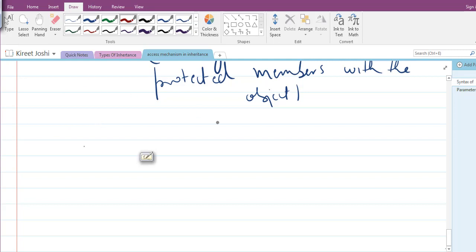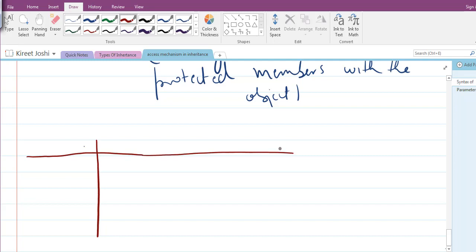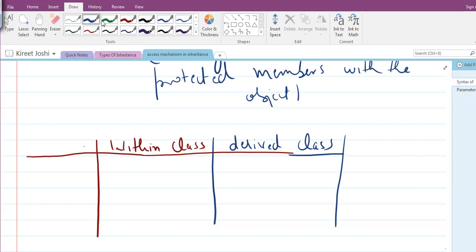So I'll create a table for you, which will be easy for you to understand how this particular mechanism works in inheritance. The table contains certain entities: within the class, this is the derived class, and this is the outside class or outside world, and these are the specifiers.